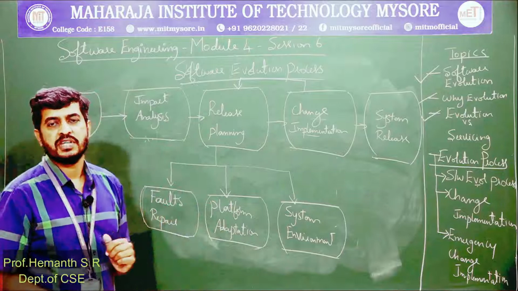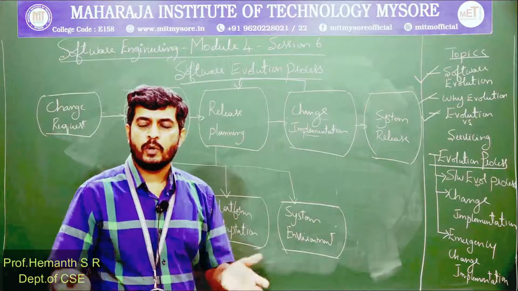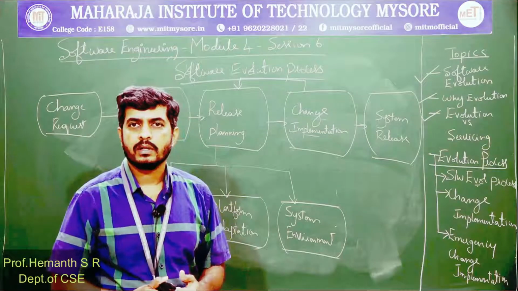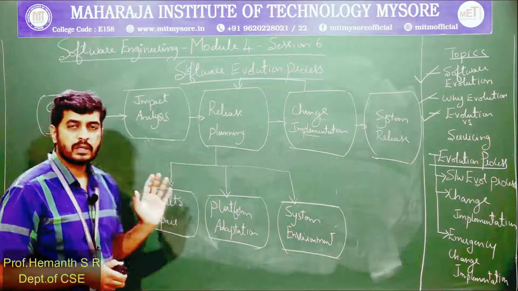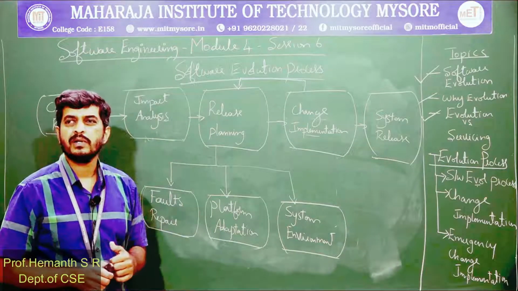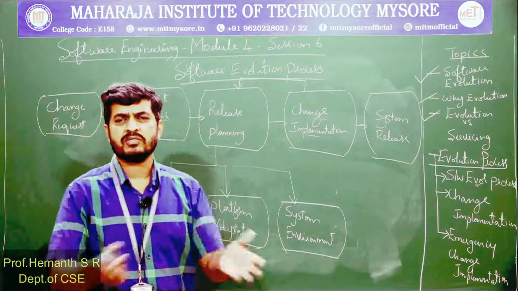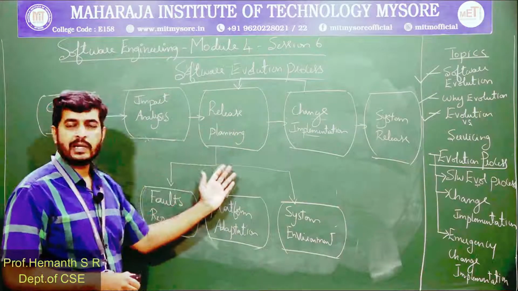What will be the impact of this change on the existing software? Will it impact any other modules, any other subsystems, and in what way? All these things will be analyzed, and only if it is convincing and acceptable, and does not cause any degradation of other parts of the software, then we will come out with release planning.